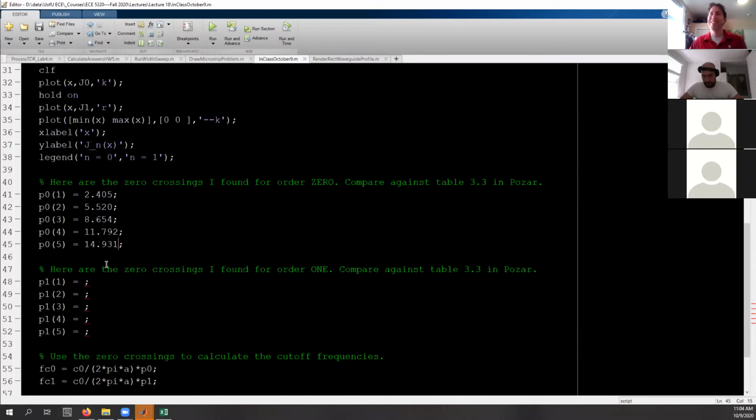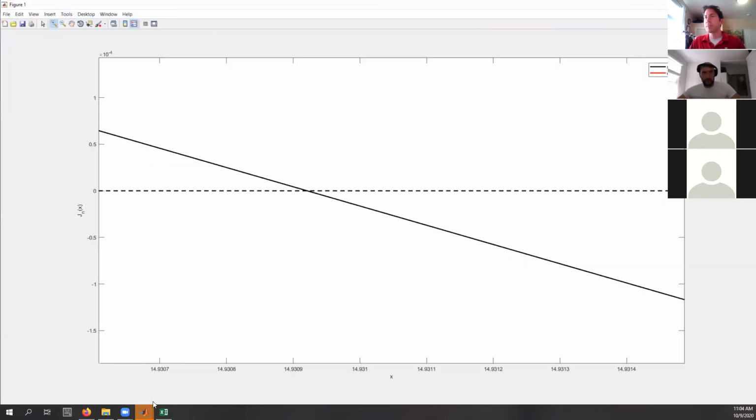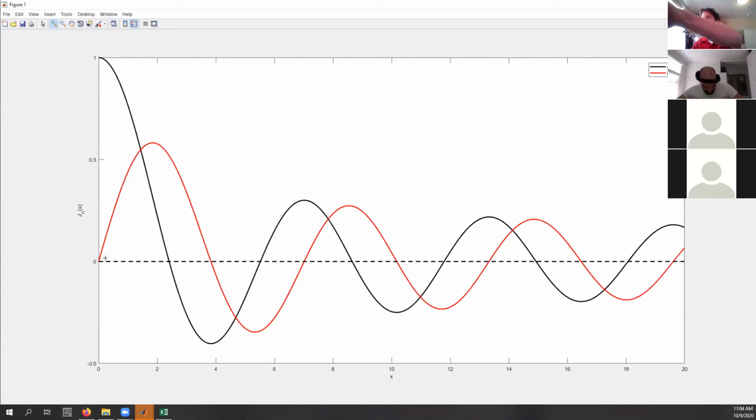That was a bit of a mouthful there. So now we're going to repeat for the red curve of order 1. You notice there is a 0 here, but if you did that, k equals 0, you would get nothing but 0.